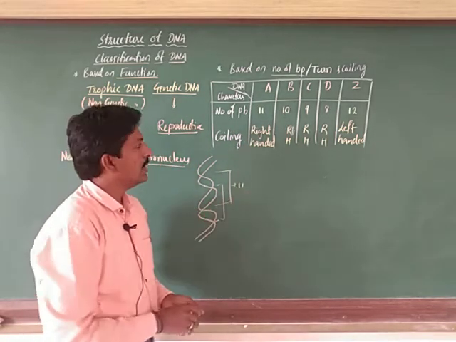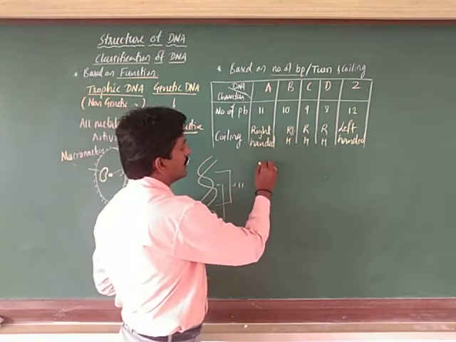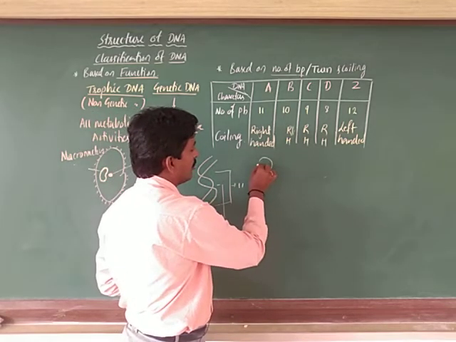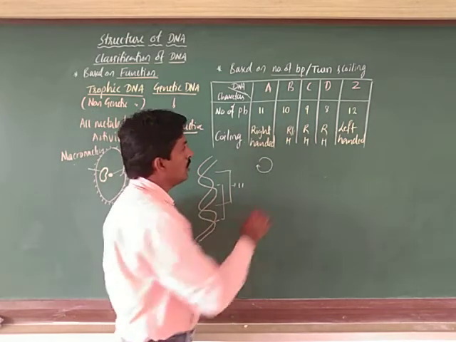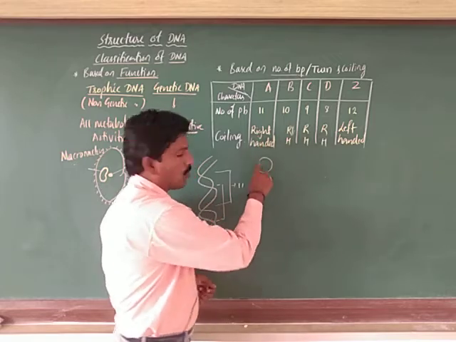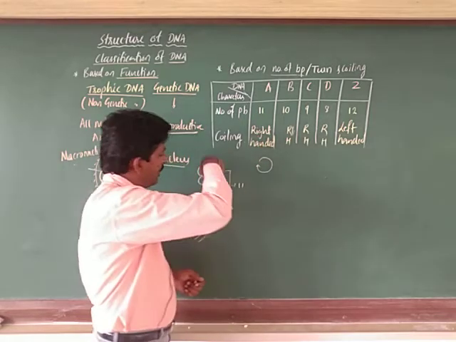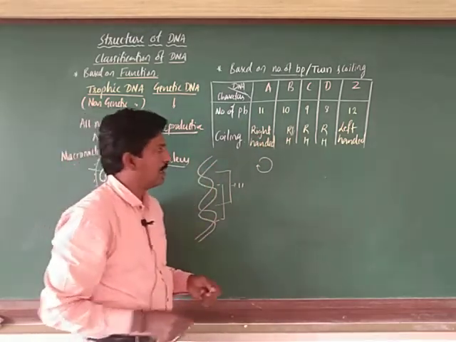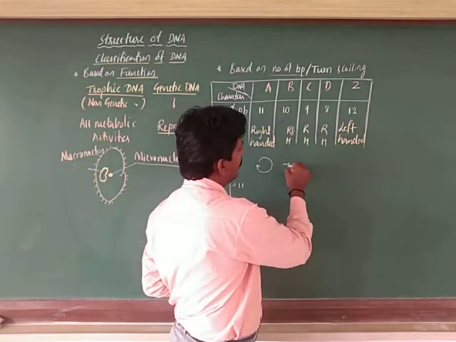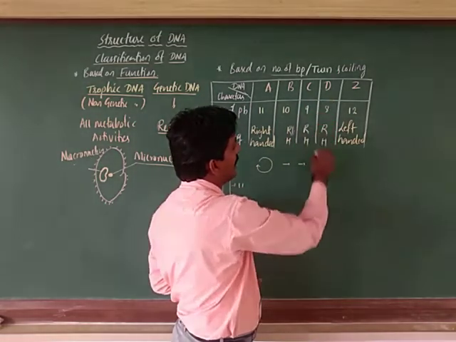Right-handed means a clockwise direction. So right-handed means it will be coiled clockwise, and these are also similar: B, C, D, and these.